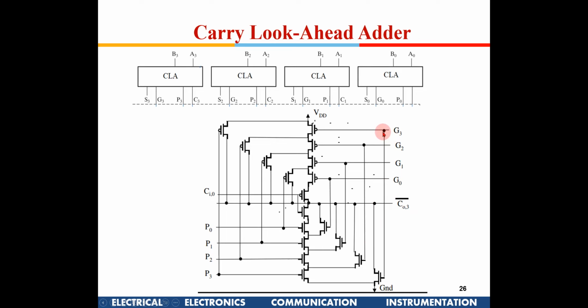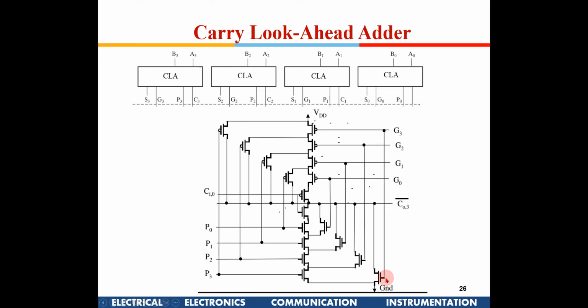If G3 is not on, then if P3 is on, this will be enabled, and if G2 is on, P3 G2 will also pull it down to 0. Otherwise, P3 P2 and G1 will also pull it down to ground, or P3 P2 P1 and G0. That will also pull it to 0, or just P0 P1 P2 P3 and then C0.